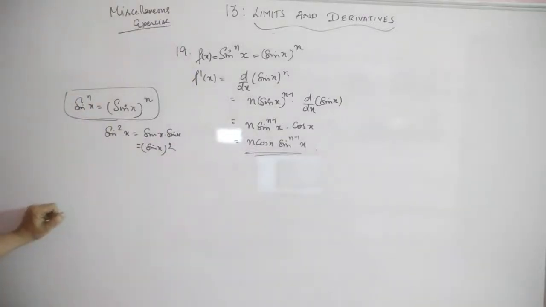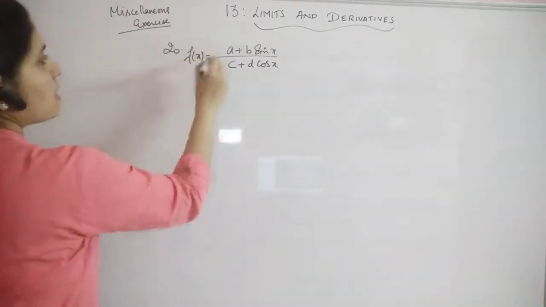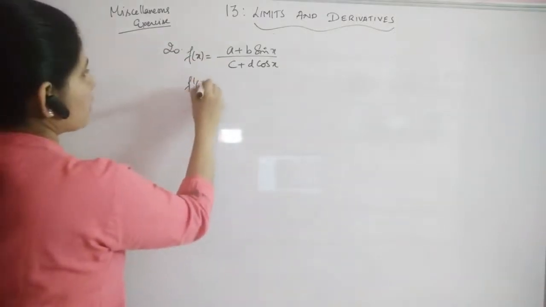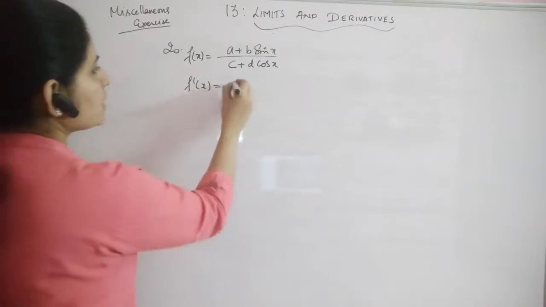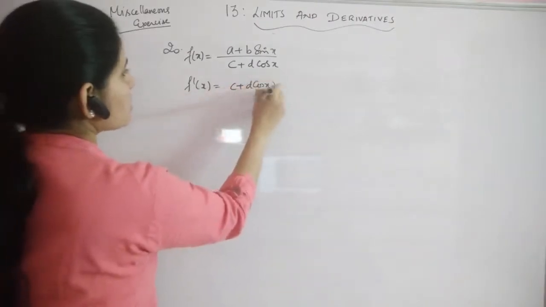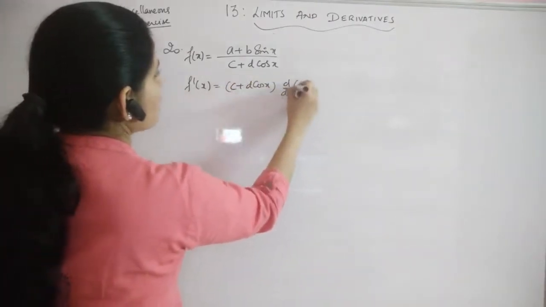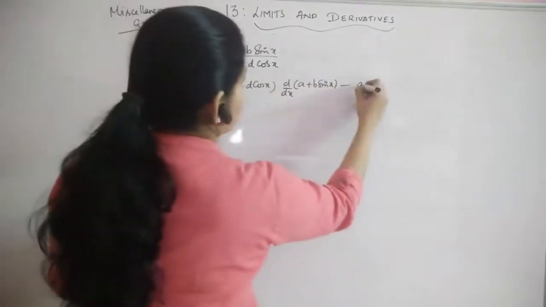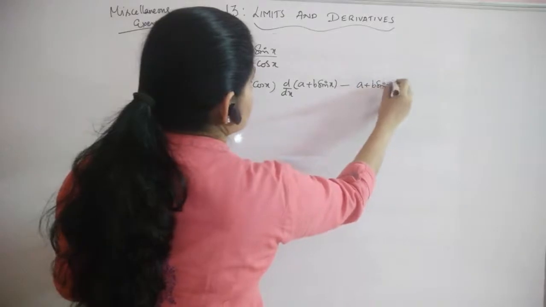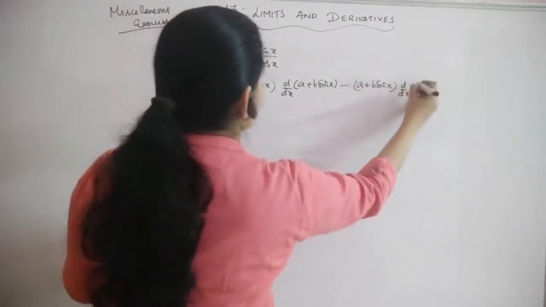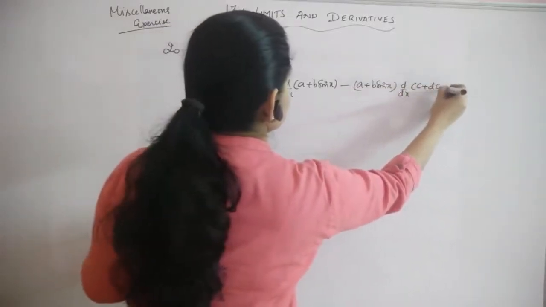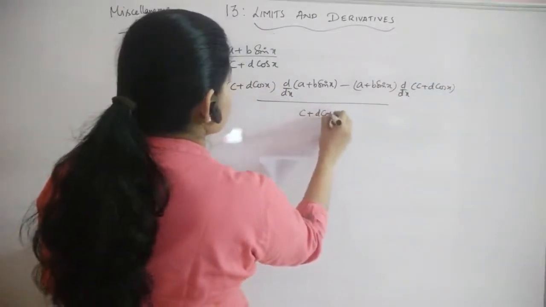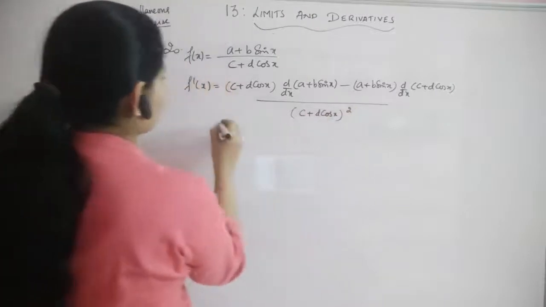Okay. So the next question is (a plus b sin x) by (c plus d cos x). F dash of x, again using the quotient rule, will give you (c plus d cos x) into the derivative of (a plus b sin x), minus (a plus b sin x) into the derivative of (c plus d cos x), the whole divided by (c plus d cos x) the whole square.